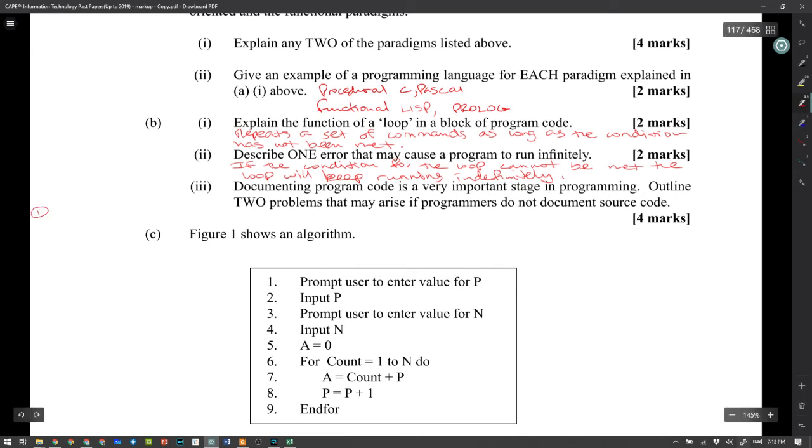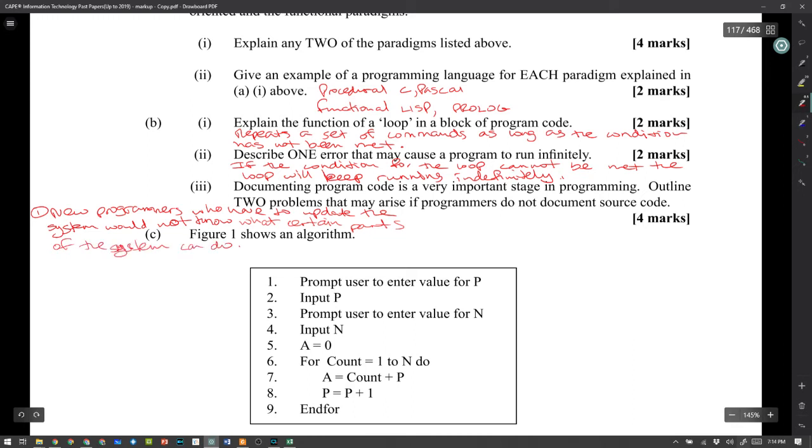One, new programmers who have to update the system would not know what to do, or what to change, or what certain parts of the system can do.